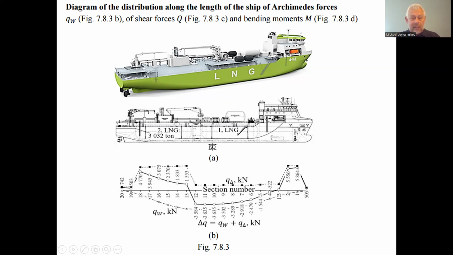If we have no cargo in the middle, that is the maximal expected uneven distribution not only of the submerged volume of the ship along the ship length, but also of the weights, not only cargo, but also the weights of the ship and any variable part of the ship weight, like fuel, ballast, etc.